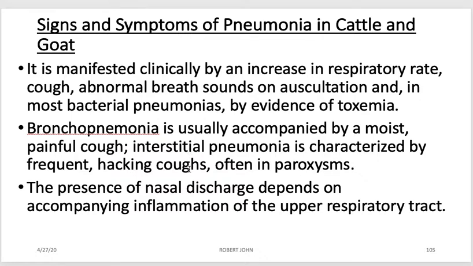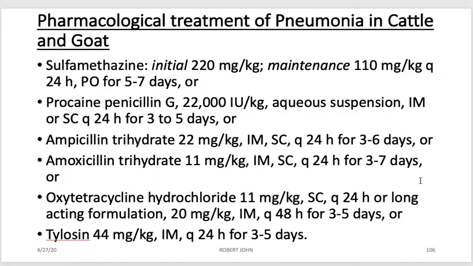So there are some kinds of coughs, paroxysms, that happen unexpectedly, without warning. Kikohozi cha kushtukiza ndio hiyo paroxysms, the cough that is often paroxysmal. Presence of nasal discharge depends on the accompanying inflammation of the upper respiratory tract. So sometimes nasal discharge can be seen in these animals.